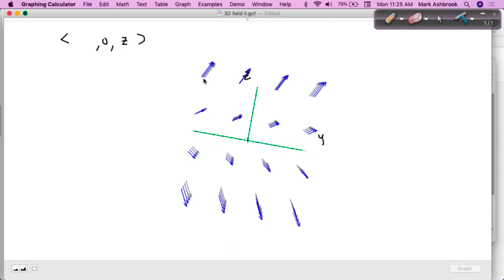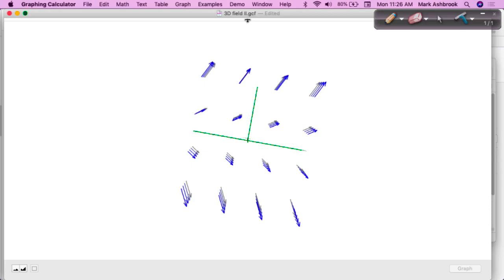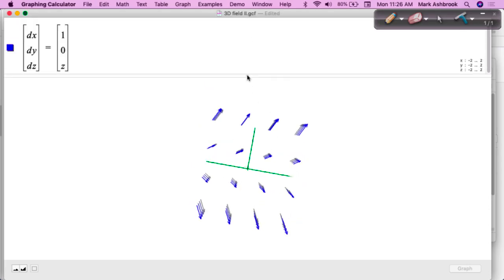Do you see that? The X components. This is X to the right now and Z up. So you're always going the same amount in the X direction on each vector. So 1. So 1, 0, Z.